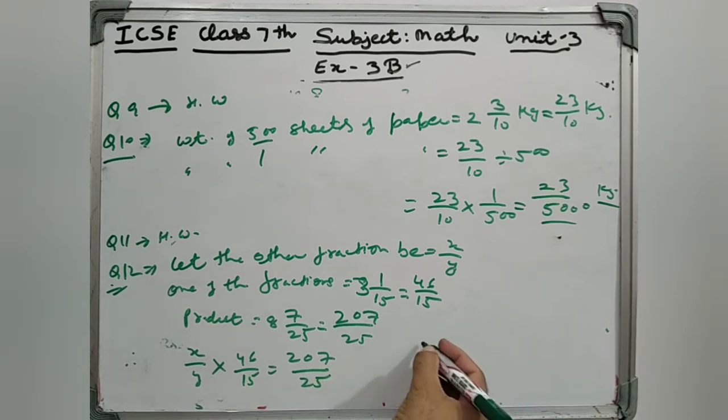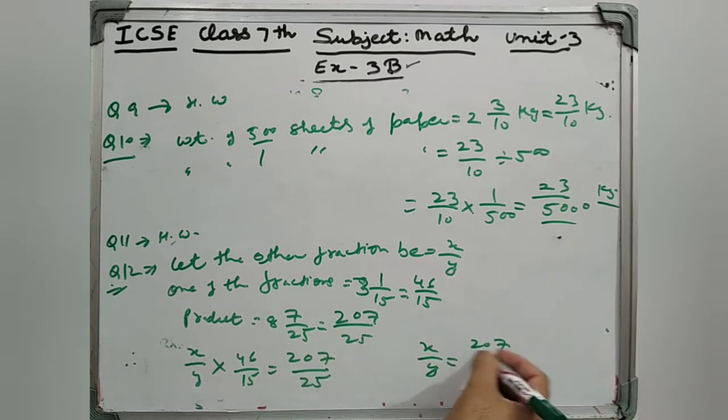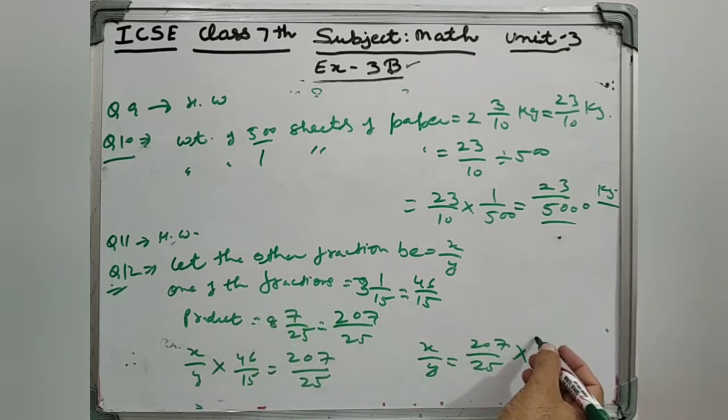Now we will find the value of x upon y. This will go to the other side: 207 upon 25 multiplied by 15 upon 46, this will go up, right? 5 5s are 25, 5 3s are 15.